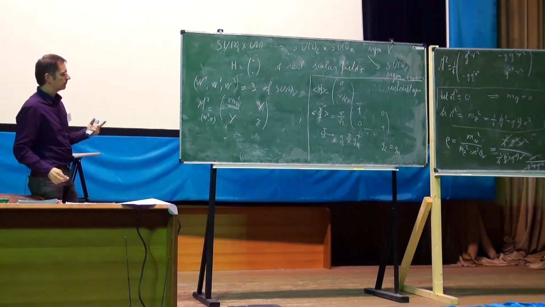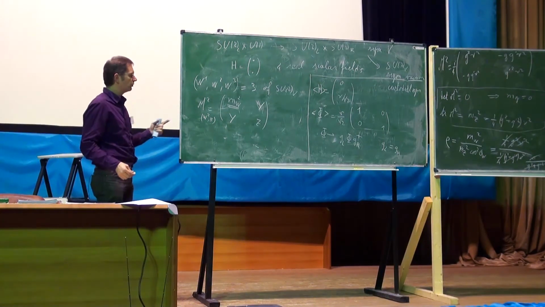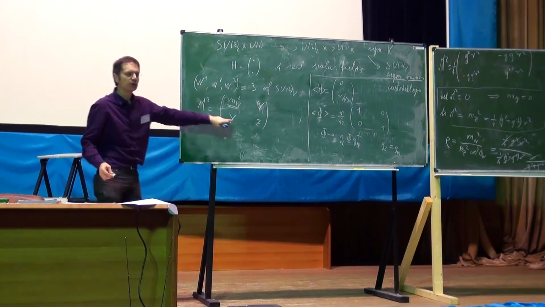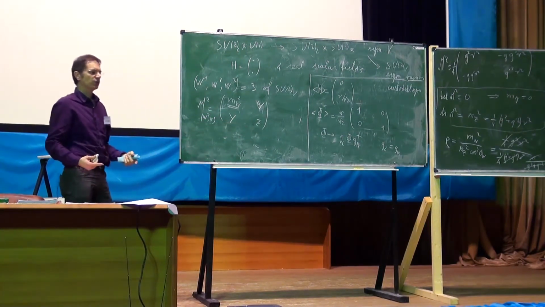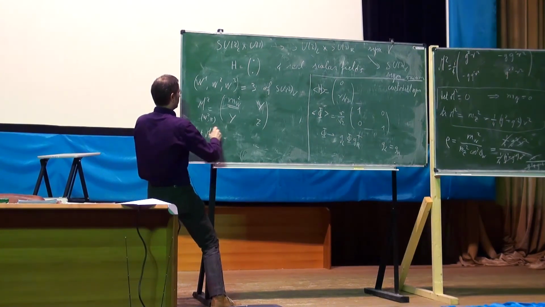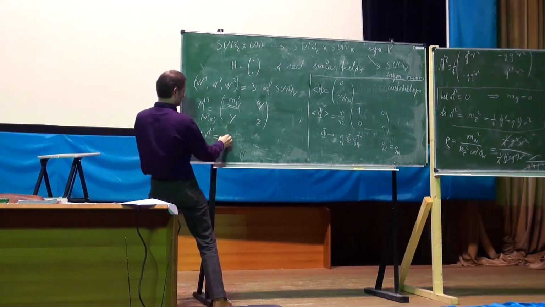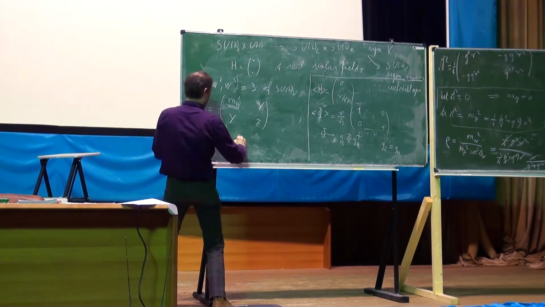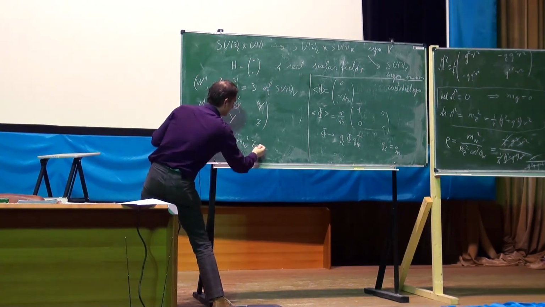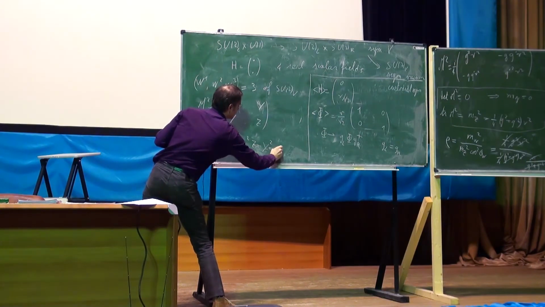And the other thing that you want to impose is that the determinant of this mass matrix should be equal to 0 to reproduce a massless photon. So the determinant of M squared should be equal to 0, which means that the mass of the W squared times Z minus Y squared is equal to 0.